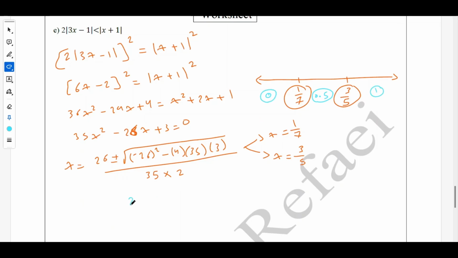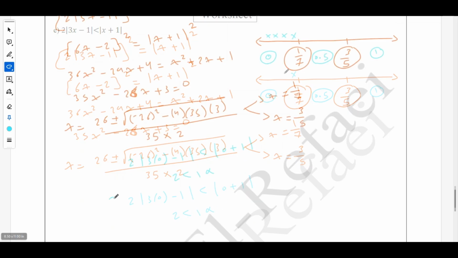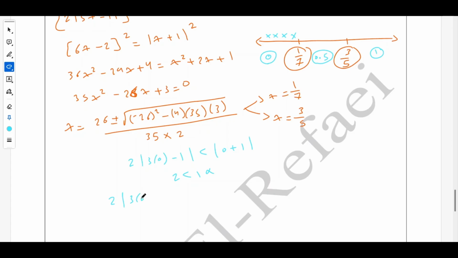Check. 2, 3 by 0 minus 1, less than 0 plus 1. 2 less than 1, incorrect. 2, 3 by 0.5 minus 1, less than 0.5 plus 1. 3 by 0.5, 1.5 minus 1, 0.5 by 2, gives me 1 less than 1.5.